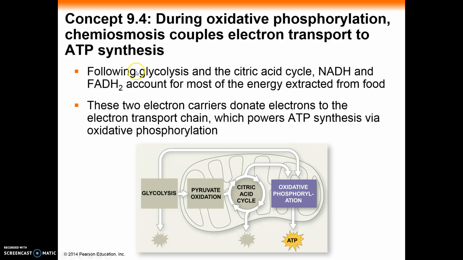So recognize that from glycolysis and the citric acid cycle, we're generating these reduced compounds, which have electrons that they can now donate onto the electron transport chain. Each one of these carry 2 electrons, and ultimately we are going to use this to power ATP production.